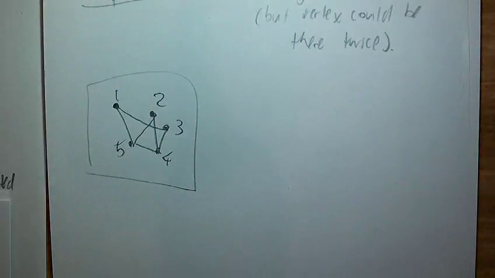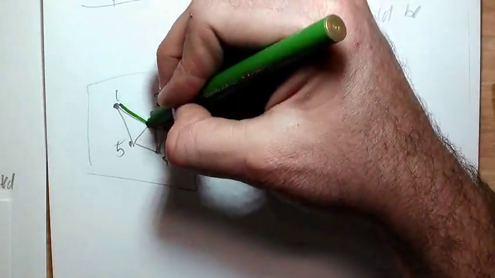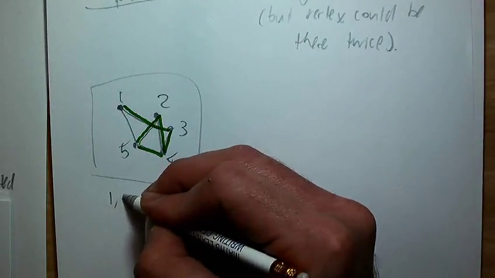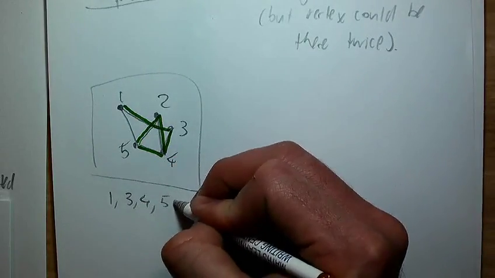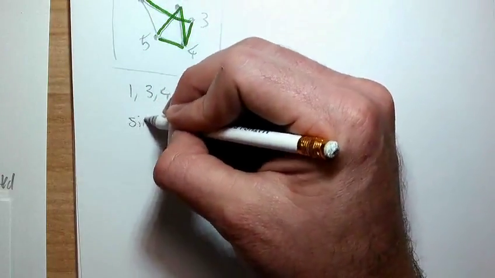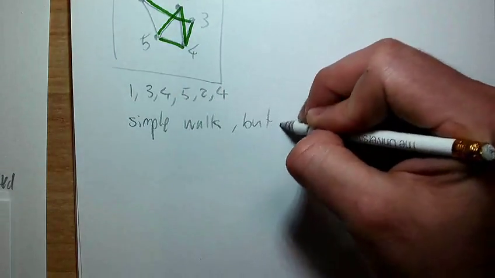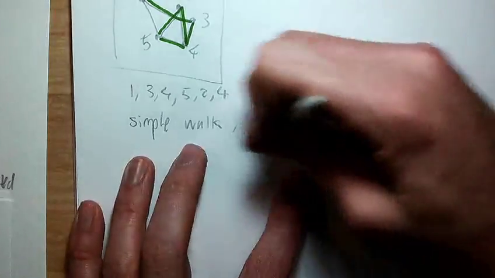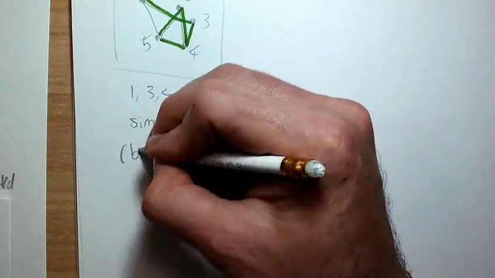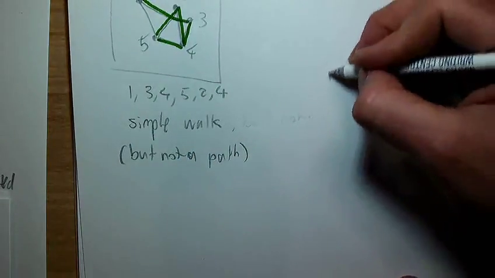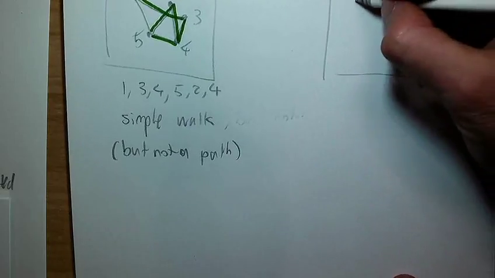So this walk here, which went 1, 3, 4, 5, 2, 4, is a simple walk, but not a path.